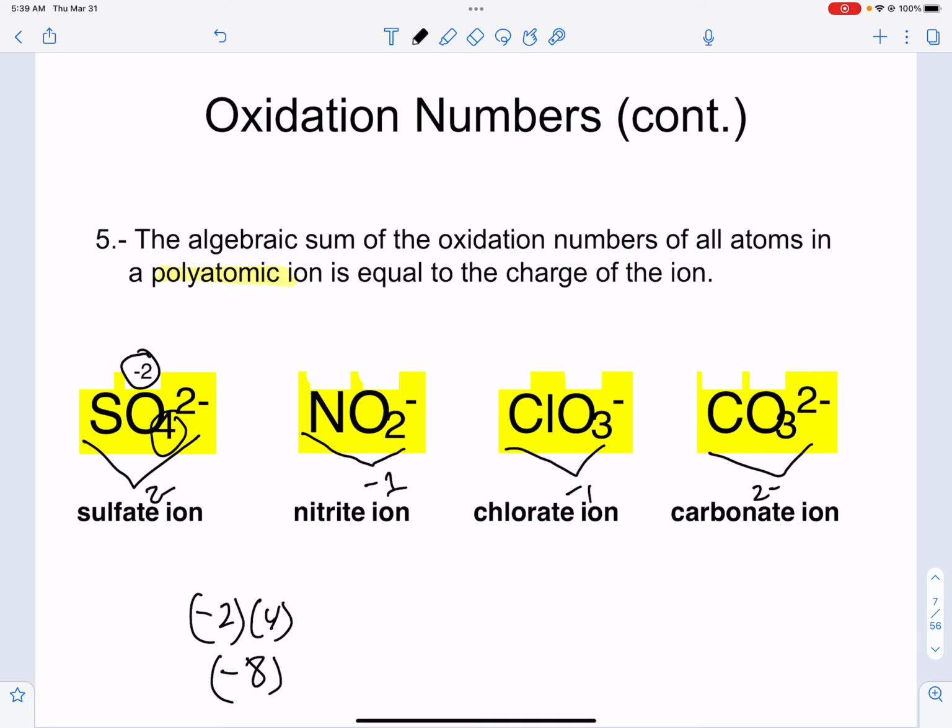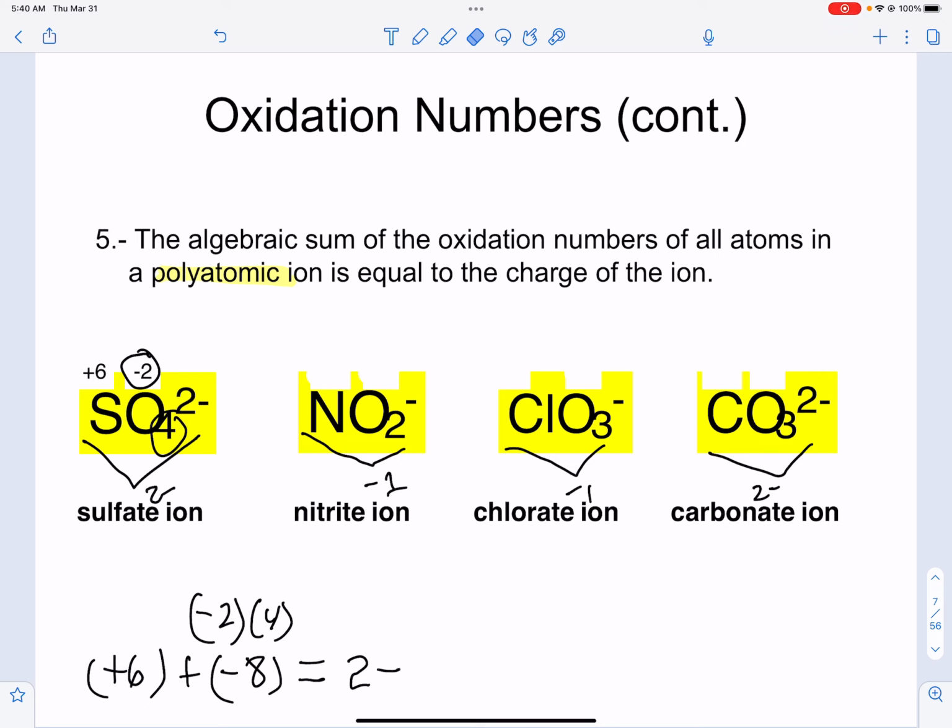And we know that all the oxidation numbers based on this rule have to give me 2 minus. So the sulfur would have to be +6. So we're using these rules to be able to find out the oxidation number for the elements that do not have a rule. By knowing that all the oxidation numbers combined in the polyatomic ion have to give you the same as the charge, and by using rules number 1, 2, 3, and 4, we can deduce the remaining oxidation number.